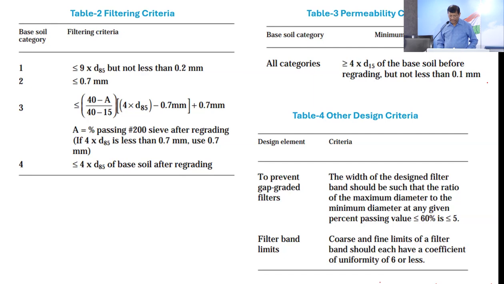And this gap graded also, we will discuss in more detail. It's called coefficient of uniformity, D60 divided by D10. What should be the ratio? And it should not be higher than that.